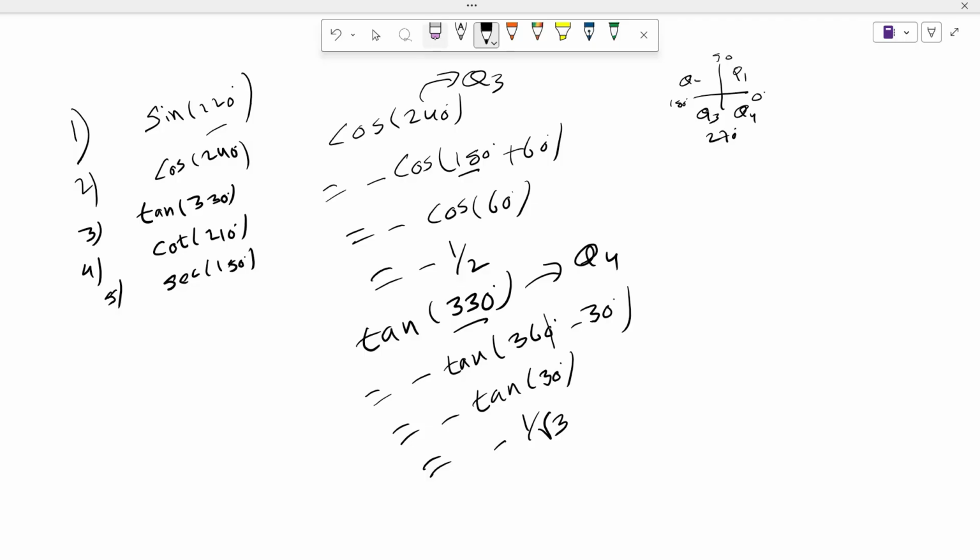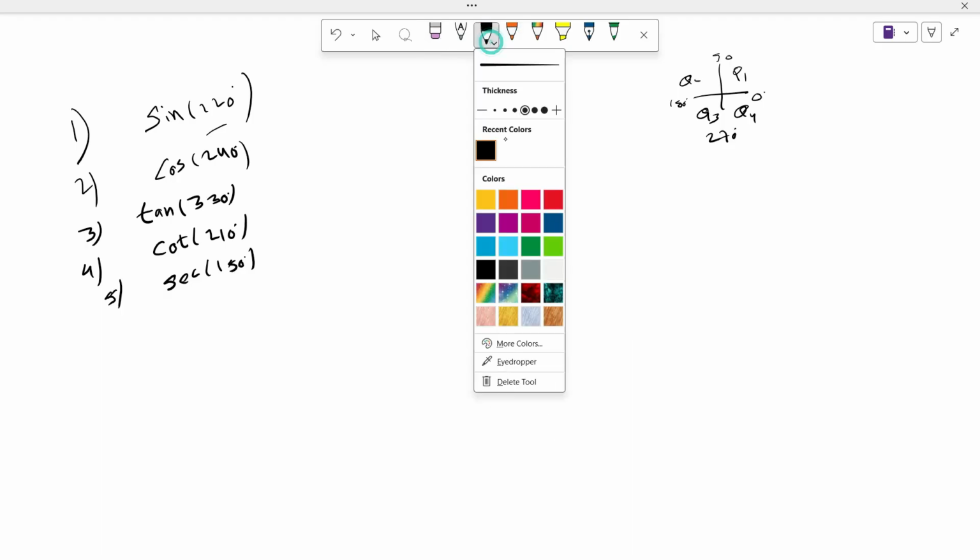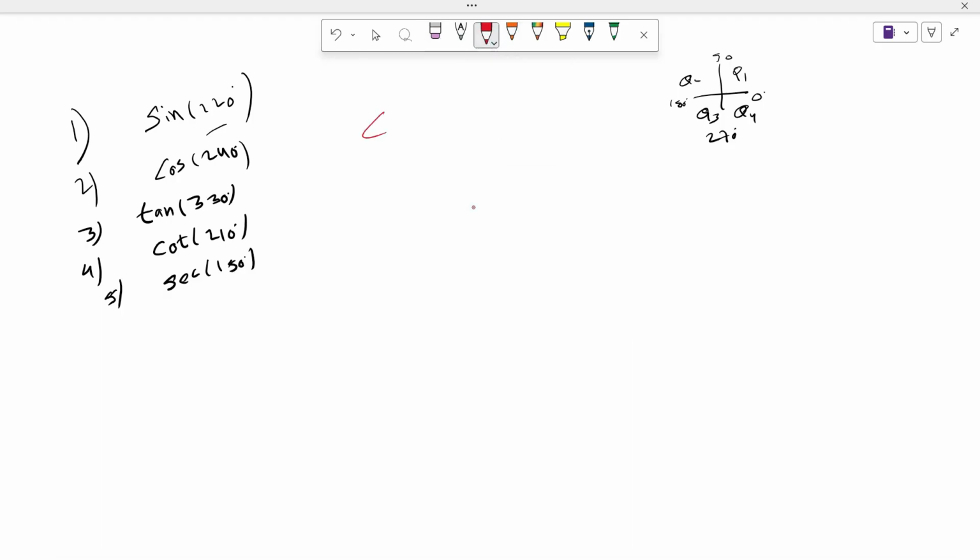And let us solve the rest of the two. Cot of 210 degrees. So which quadrant does this 210 degrees fall under? It will fall under quadrant 3. First we have to always check in which quadrant the angle is falling.